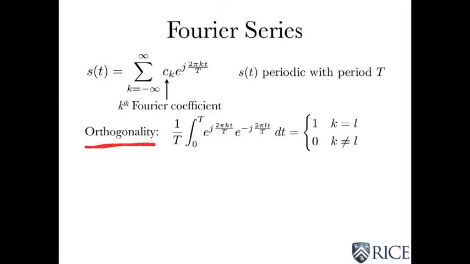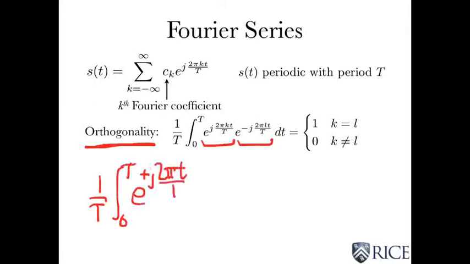So I want to consider this integral between a complex exponential having a harmonic number of k and one that has a harmonic number of -L. Well, let's do this integral. So we have 1 over T, and we have the integral. Now I'm going to merge the two exponentials in the exponents. Okay, and this integral is rather easy.